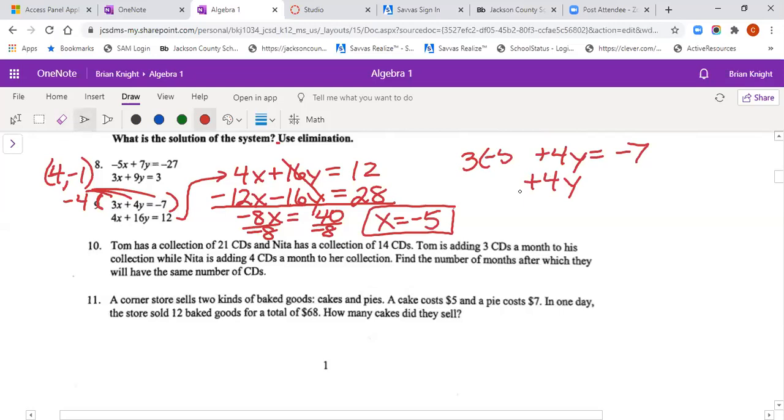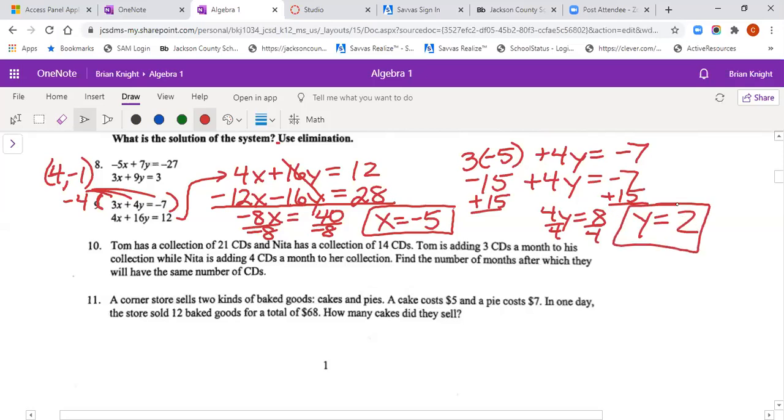That's what it is. So -15. Sorry about that. I'm glad y'all are here to keep me straight. Plus 15, 4y equals 8. Divide by 4. Y is 2. All right. In the immortal words of Sheldon Cooper, easy peasy. Huh?